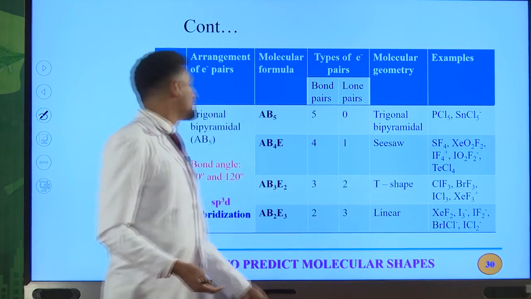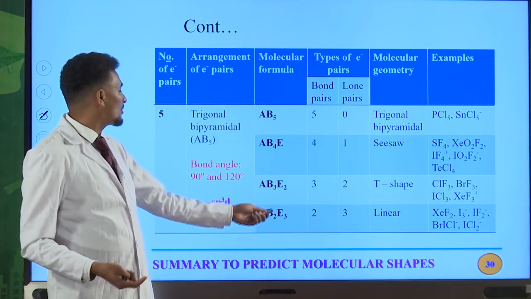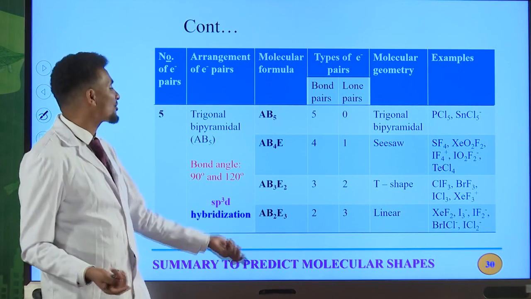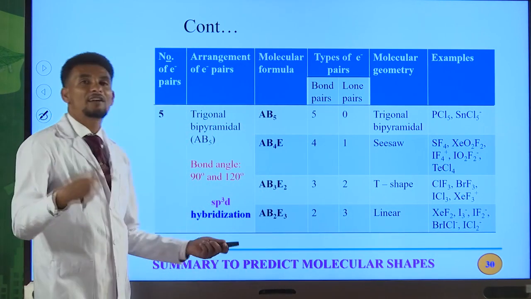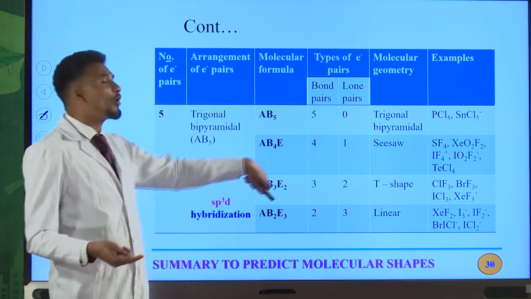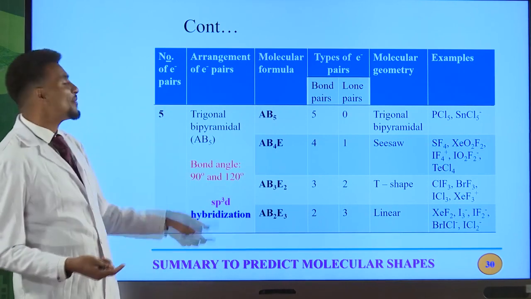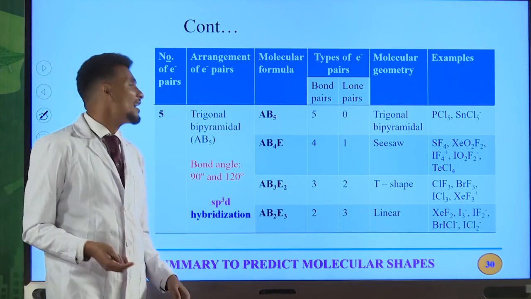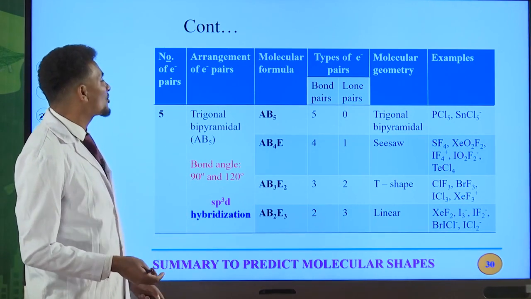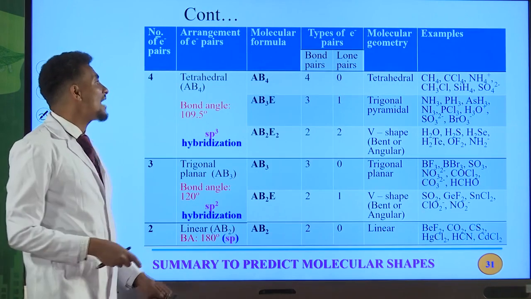These are examples. 3 lone pairs, 2 bonding pairs, linear, these are examples. And the hybridization for the central atoms for all of them is sp3d hybridization. And the bond angles are 90 degrees and 120 degrees. So these are the ideal bond angles.